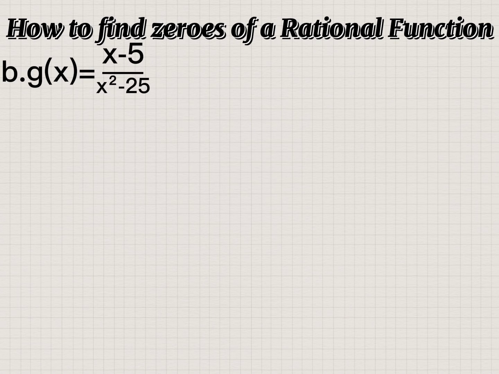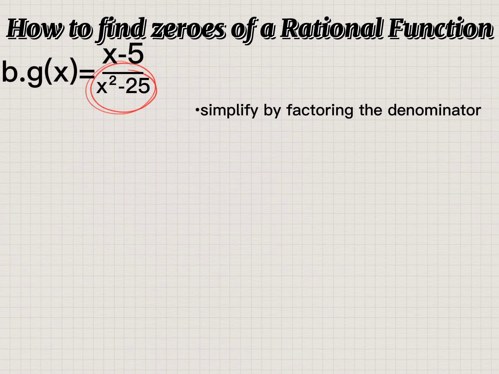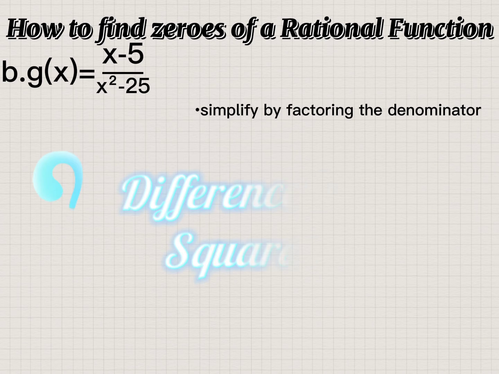G of x equals x minus 5 over x squared minus 25. So, the first step is to simplify by factoring the denominator. Since x squared and 25 are perfect squares, we will be doing the factoring method difference of squares.